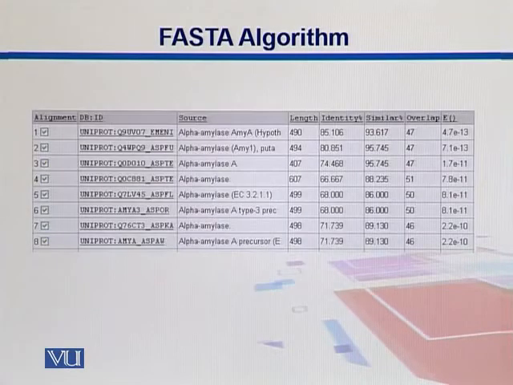The output looks like this. After seeing those parameters and running it, we get those outputs. At the topmost for this sequence, we have this alpha amylase protein. It has 93.61% similarity, and identity is 85.106.